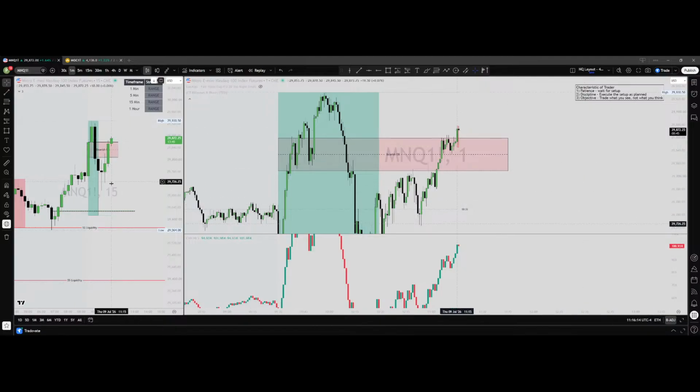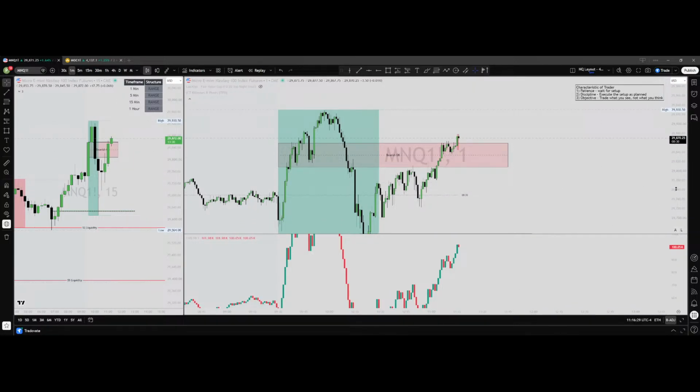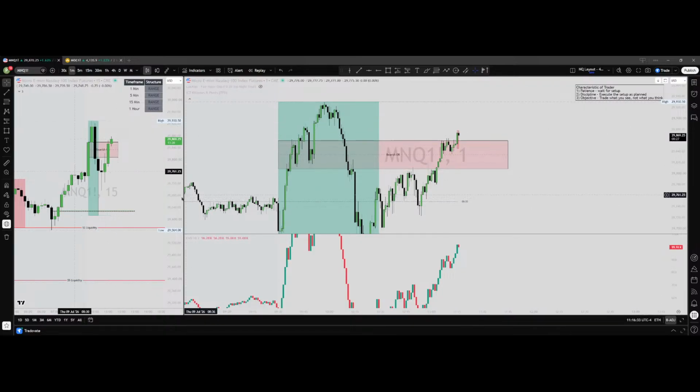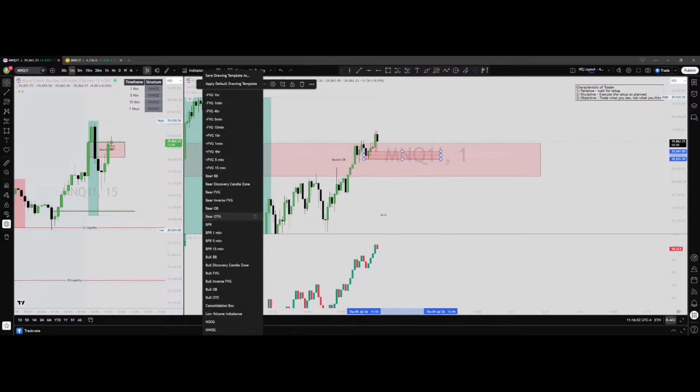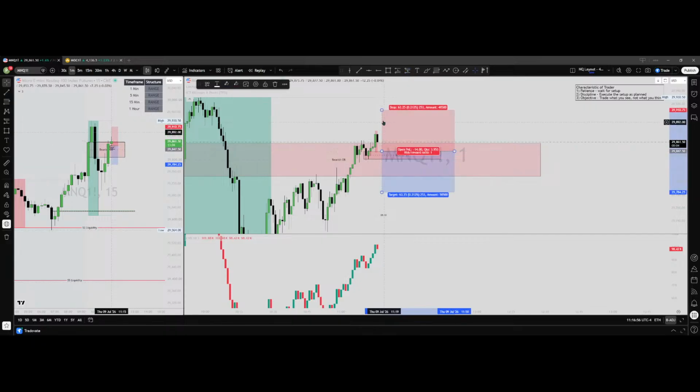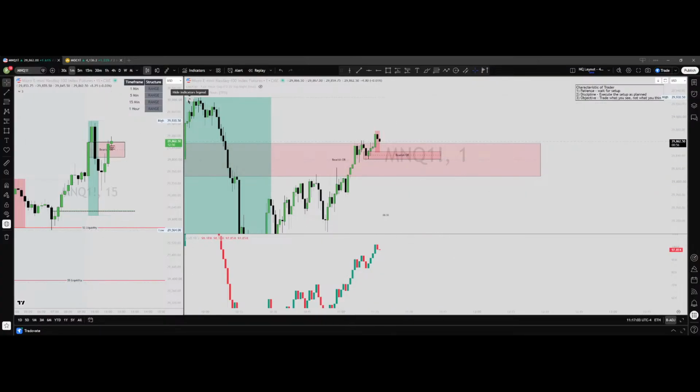Two possibilities. 38 points of series of red candles here would be a great indication for a small reversal.